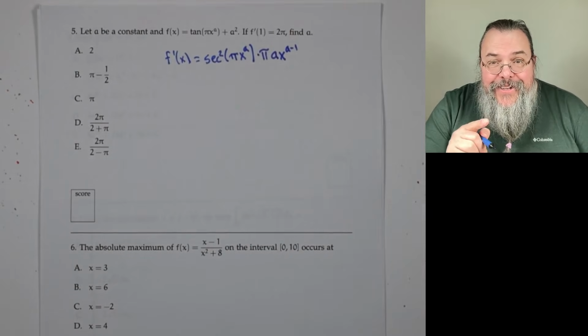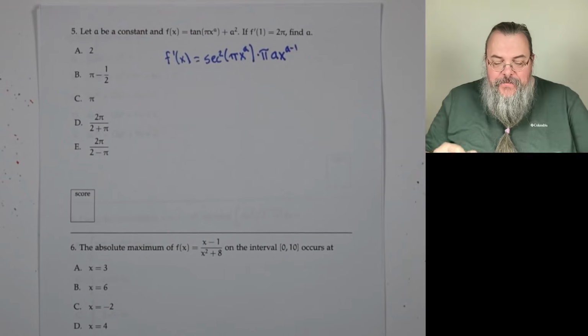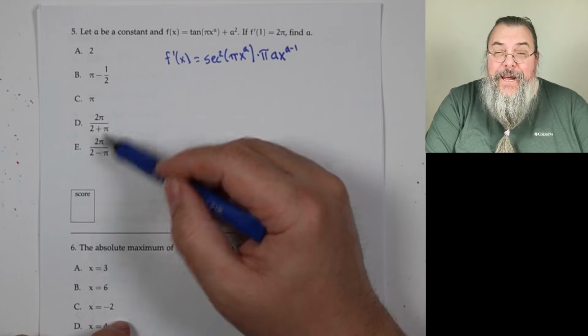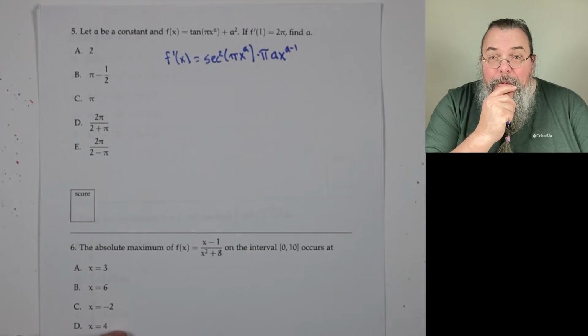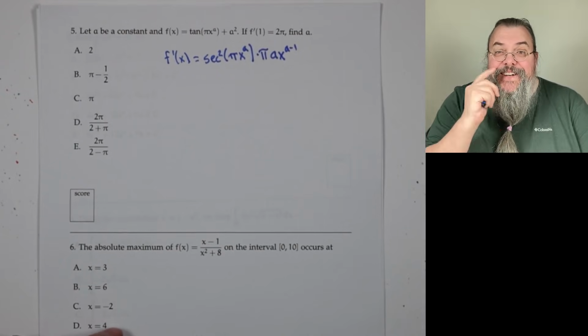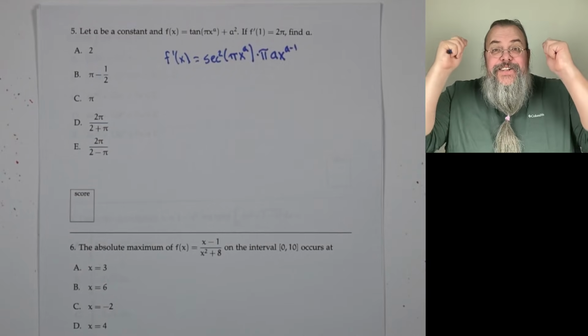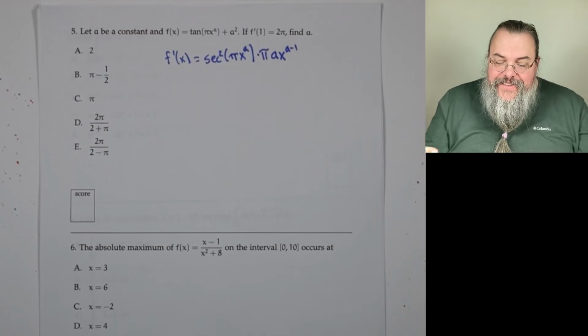Now what's the derivative of a squared? Be careful. You want to say 2a, right? Very natural, and I'll give you a spoiler. D and E are what would happen if you chose 2a. What is the derivative of a squared? 0. Why? Because there's no x. A squared is a constant.